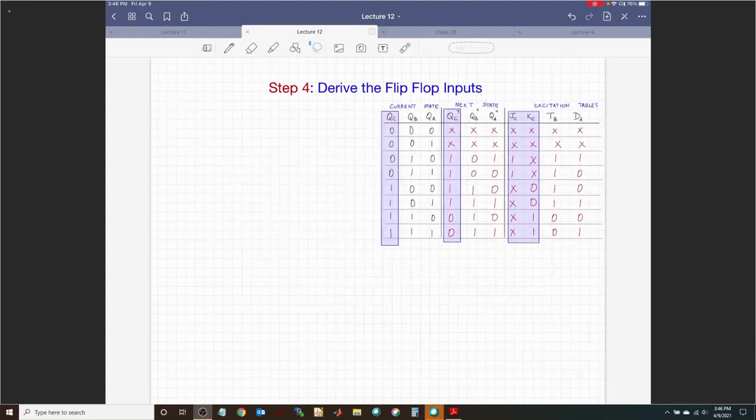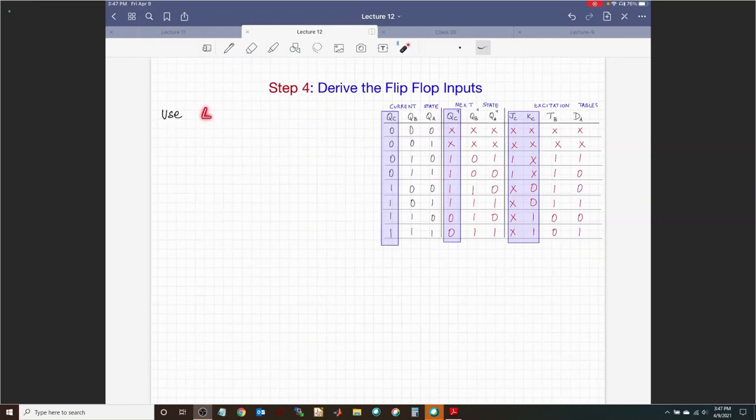All right. So the first thing that I'm going to aim at is JC, right? How many k-maps do I need? I need one for JC, KC, TB, and DA, right? So I need 4 k-maps.